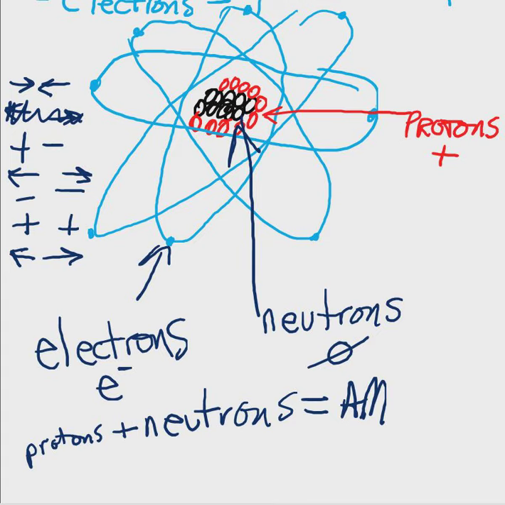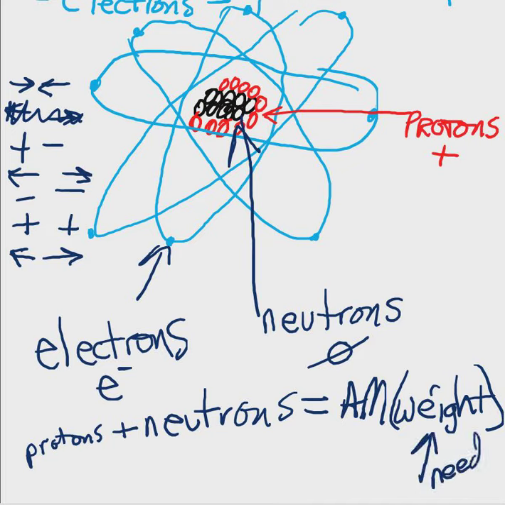And our atomic mass is the weight. However, weight is dependent on gravity, and atomic mass is independent of gravity. So the atomic mass of the protons and neutrons would be the same on the moon as they are on Earth, the same on Jupiter or the sun as they are on Earth.